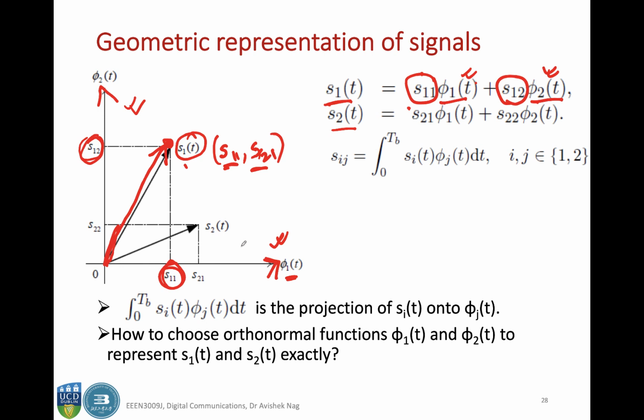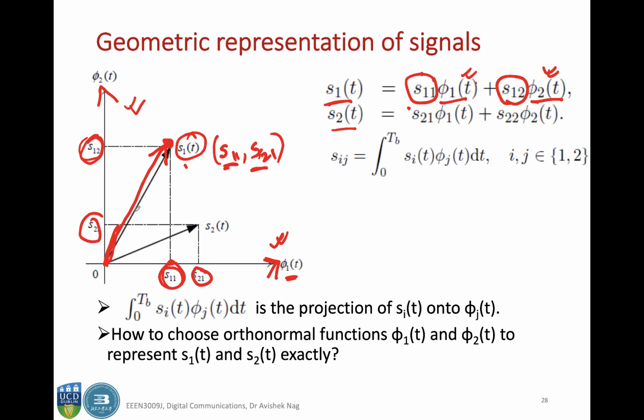Similarly, you can represent s2, the other signal, in the same signal space or coordinate space or vector space, whichever you want to call it, and it will have a component s21 along the phi1 axis, or the x-axis, and s22 as the other component along the phi2 axis, or the y-axis.